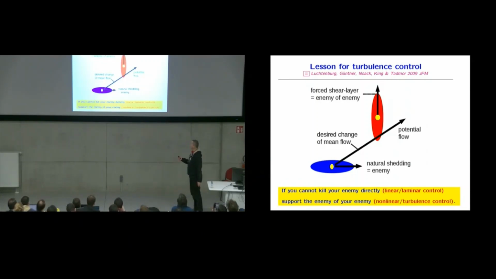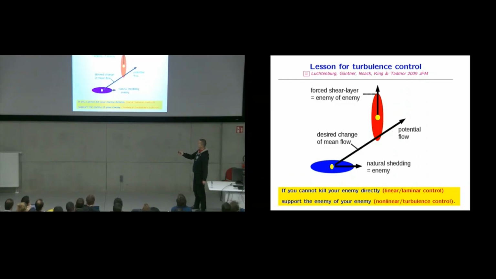We just use another fluctuation to change the base flow via changed Reynolds stresses. So we go somewhere close to the base flow. And since we cannot control the von Karman vortex structures directly, we support the enemy of our enemy.